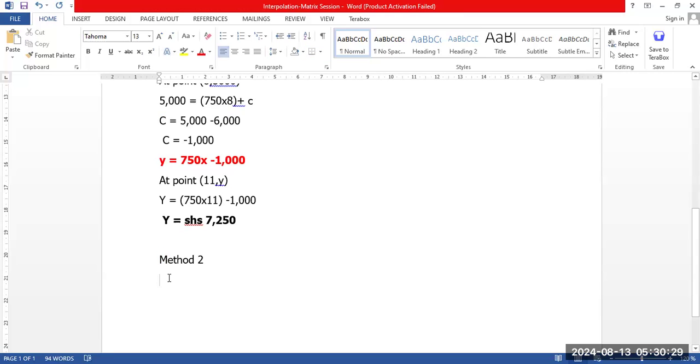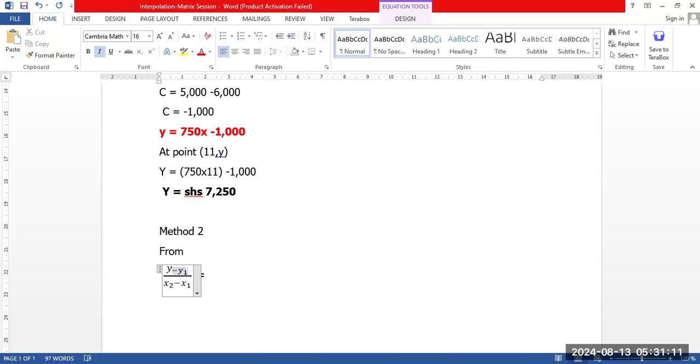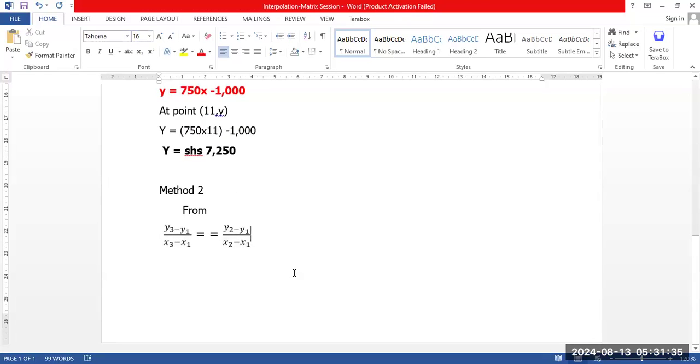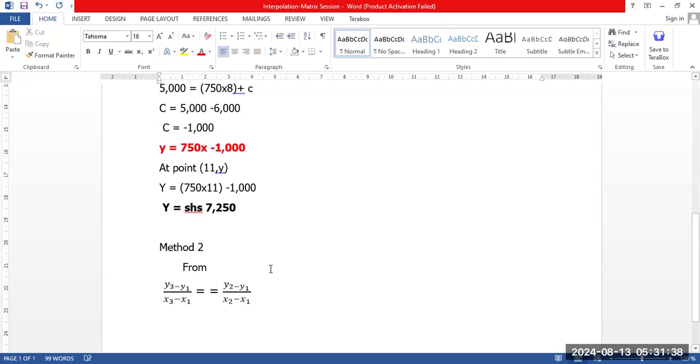Then method two is where you start with Y, where you have 2, you put 3, and where you have X2, you put X3, then you substitute immediately without looking for the gradient, without looking for C.